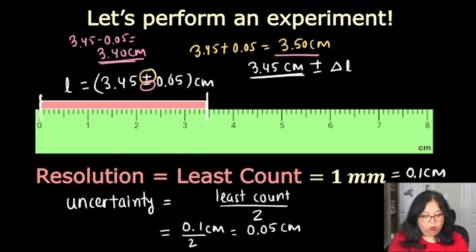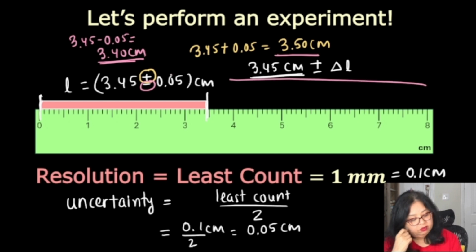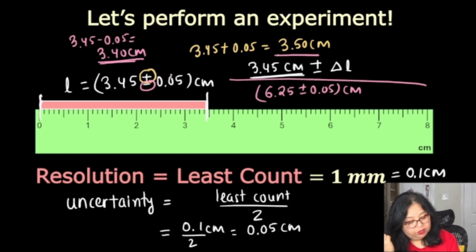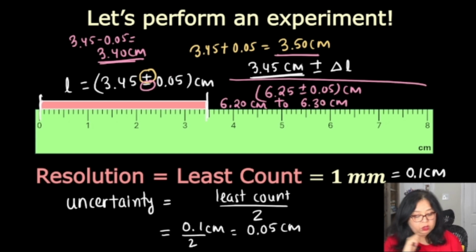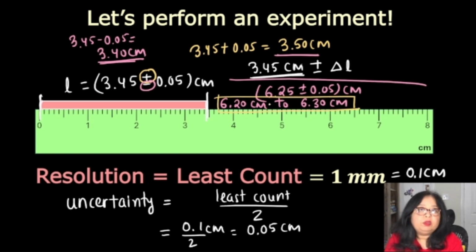All right. So if I had said that the measurement is 6.25 plus minus 0.05 centimeters, that means the actual value lies between 6.25 minus 0.05, which is 6.20 centimeters, and 6.25 plus 0.05, which is 6.30 centimeters.